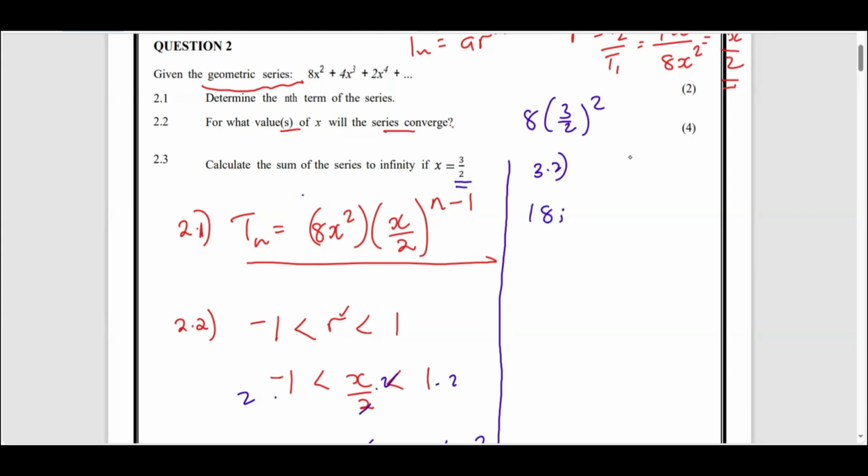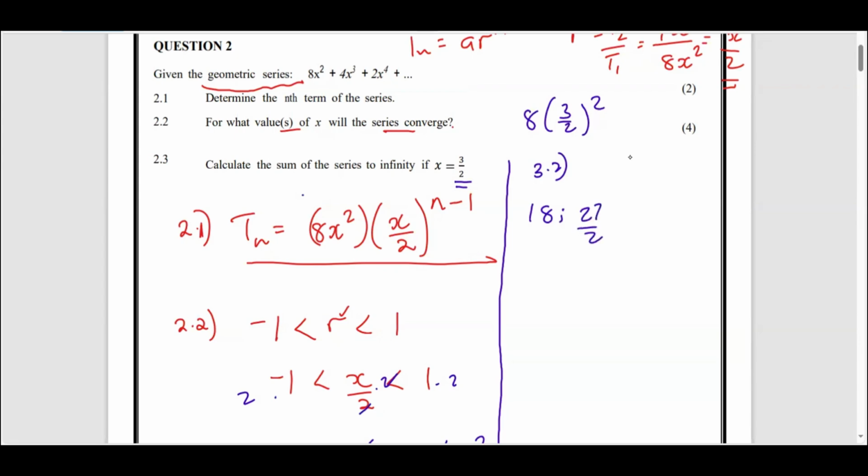That's the first term. And then the second term will be 4 into (3/2) cubed. Let's see what we have. I'm having 13.5, which is the same as 27/2.